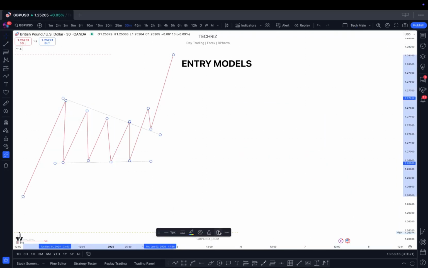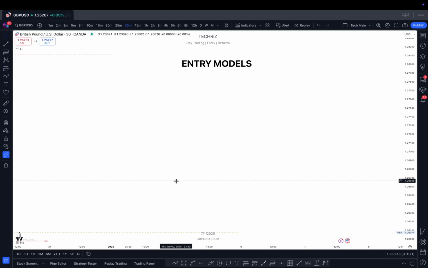An entry model is like certain formations we can see candles make that give us a periphery of what we should expect the market to do. There's a certain way the candles will line up, how they will arrange themselves, and then we'll be like, okay, it's arranging itself like this, I can see this, I can see that, and this is what's going to happen.